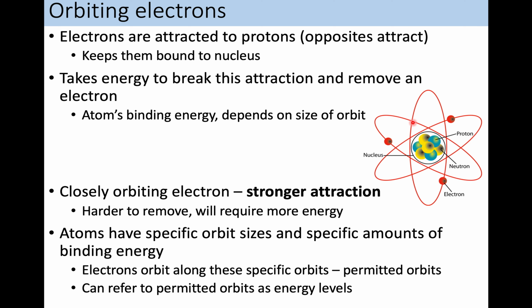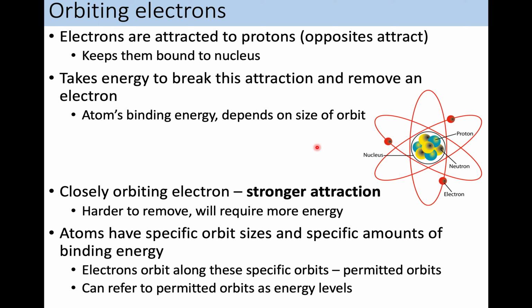So that binding energy is going to be high. These closely orbiting electrons have a stronger attraction. There's a stronger force keeping them there, meaning it's going to be harder to remove, and it will require more energy to break that electron away because that attraction is so strong.